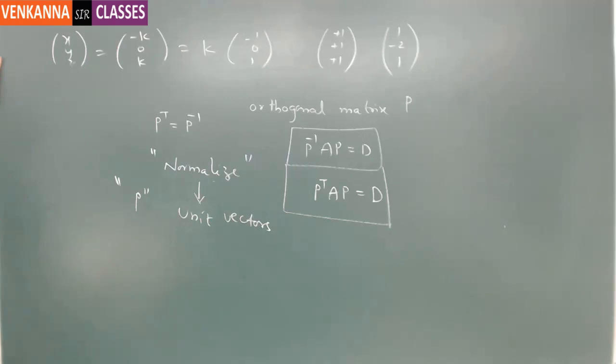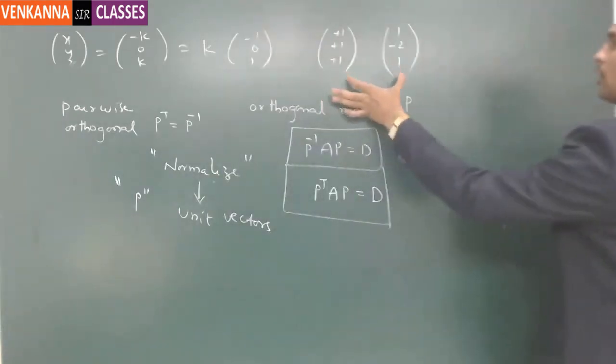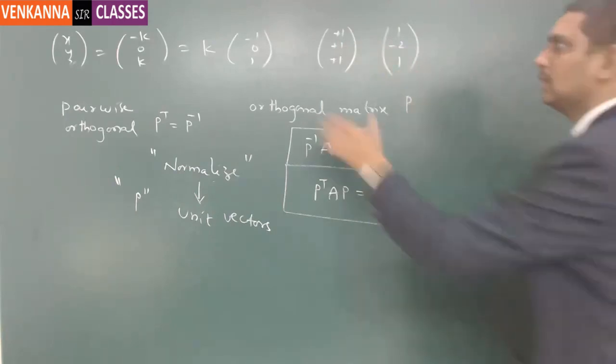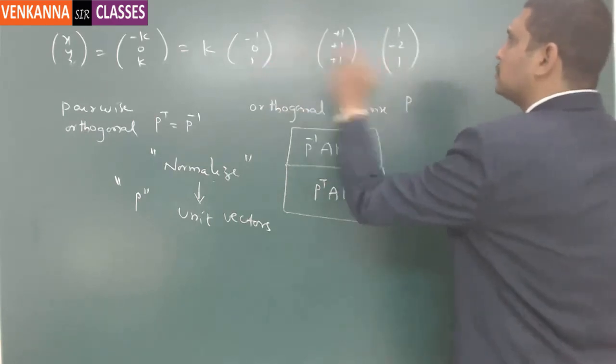The eigenvectors you have obtained must be pairwise orthogonal, so if you consider any two of them and calculate the dot product, it must be equal to 0. You can check that. For these two, 1 into 1, 1 into minus 2, 1 into 1 is 0. For another pair, it will be 0. Again, for the remaining pair, it will be 0.